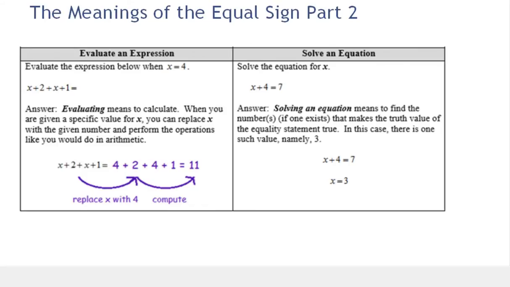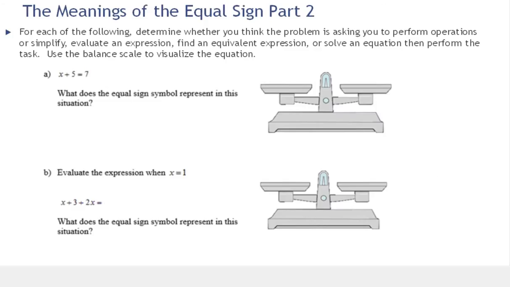Now let's look at some of these types with balance scales again. We are going to state whether we're simplifying, evaluating an expression, finding an equivalent expression, or solving. Here we have x plus 5 equals 7. I'm going to make this x and this 5. That's the left-hand side.